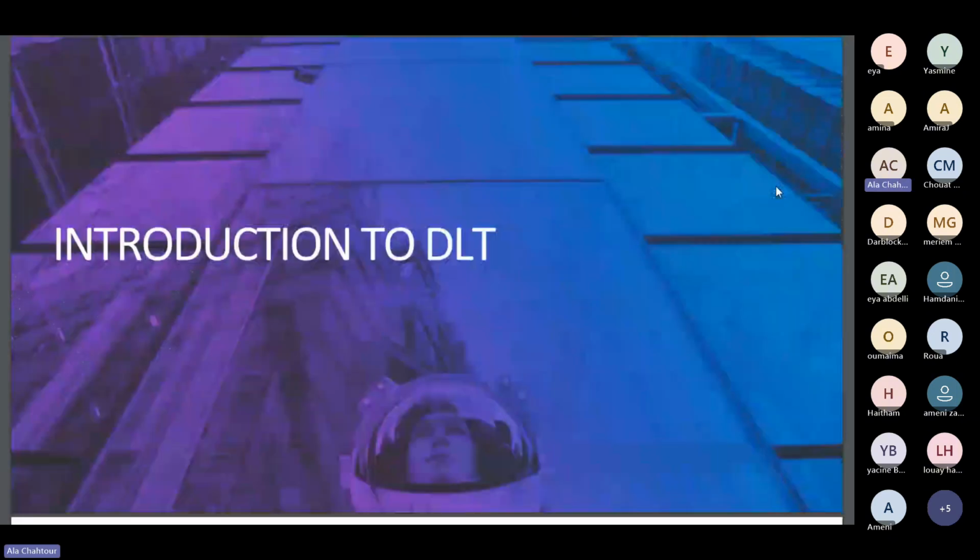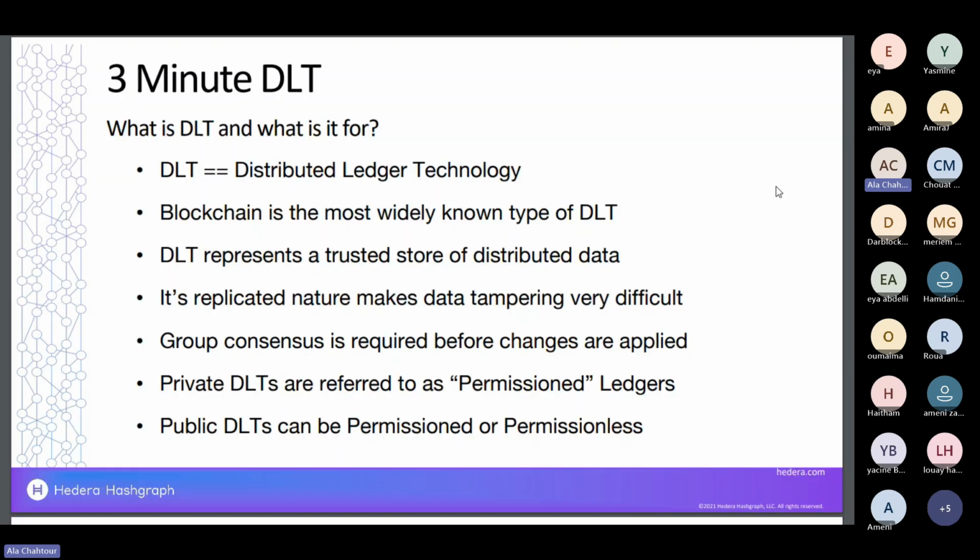So as we discussed, blockchain is a distributed technology. I just want to tell you guys that there is a family called DLTs, which means the distributed ledger technologies family. This family contains five different types of technologies. The most known ones are blockchain and the hashgraph technology.